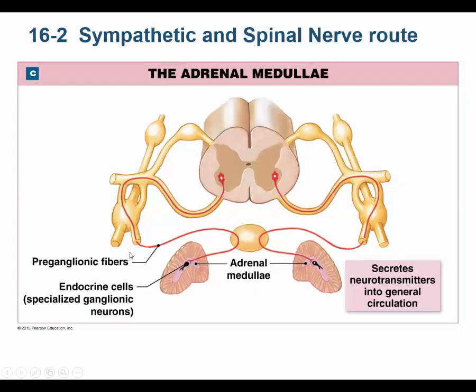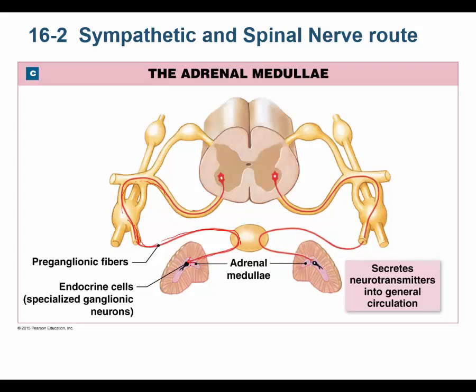Lastly, and this is the tricky one, it's really similar to the collateral ganglion route, but this is called the adrenal medullary route. What happens is the preganglionic neuron goes out, it enters the sympathetic chain ganglia, does not synapse, goes through the splanchnic nerve, enters a collateral ganglion, does not synapse, and then travels to the adrenal medulla.